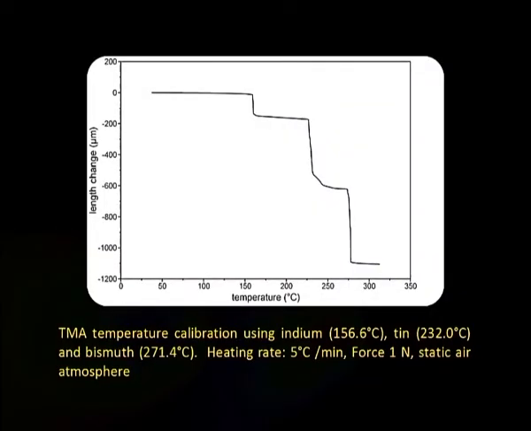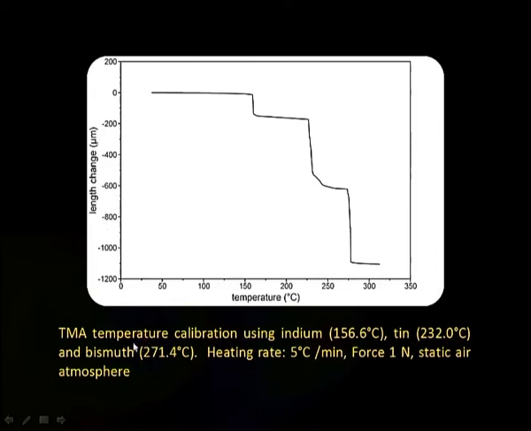Now, before the use of the instrument, we have to calibrate the TMA instrument. Here you can see on the x axis we have temperature and on the y axis we have length change in micrometer.